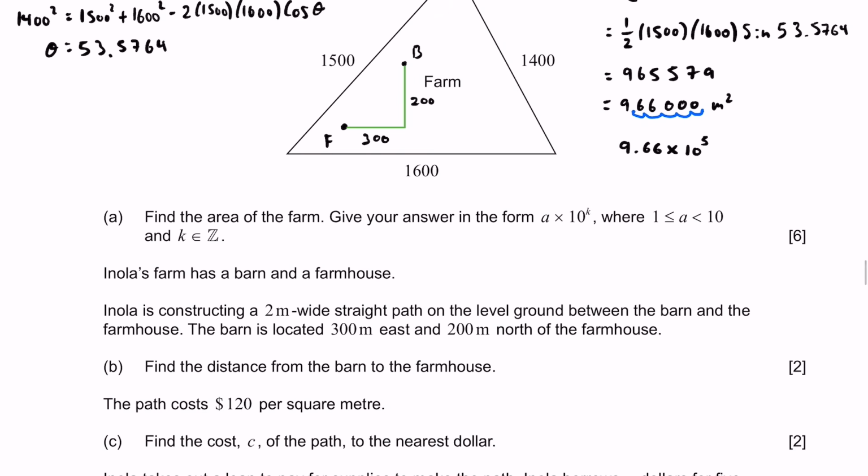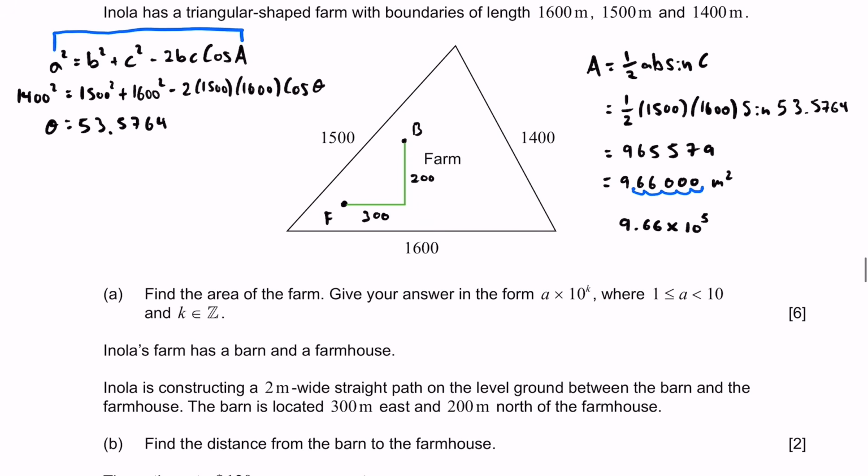And they're asking us to find the distance from the barn to the farmhouse. Since we are dealing with cardinal directions, straight east and straight north, we create a right angle triangle, and now we can use the Pythagorean theorem to solve for the unknown side length, this one right here.